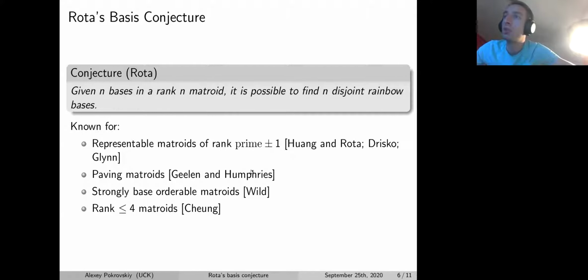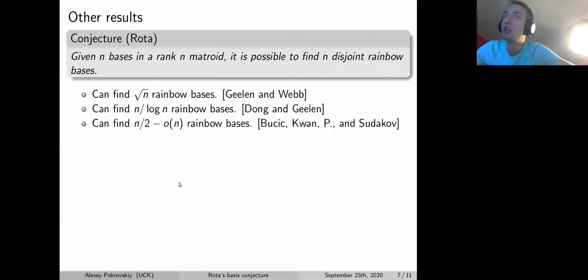Another approach to the problem is to look at general matroids and try and prove partial results, but which hold for all matroids. And there's lots of different approaches you could take here. So one is you can think of the conjecture as like a packing problem. You're trying to pack disjoint rainbow bases. And you could ask how many can you actually prove that you can pack like this.